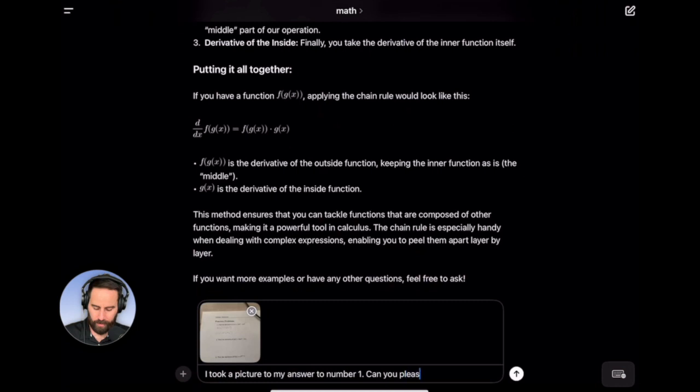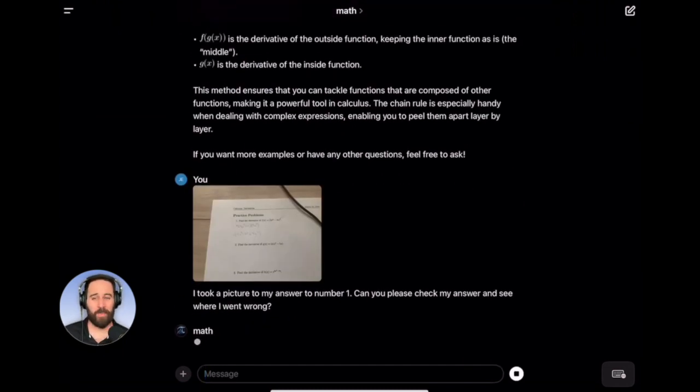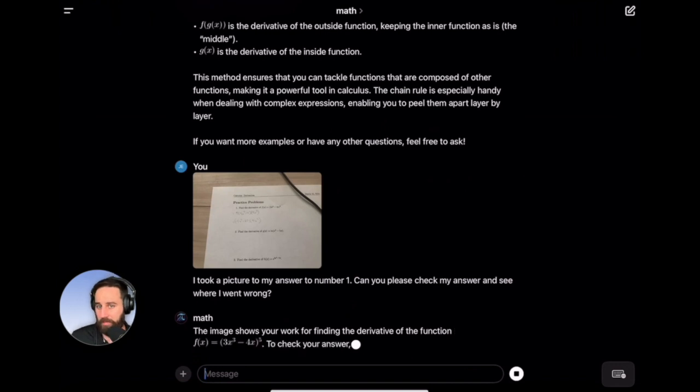Can you please check my answer and see where I went wrong? Times you do something and you can't figure out where you went wrong. So this is what we're going to do. We're going to see if it can show where I went wrong. I know I have my chord in there, but let's see if it matters.